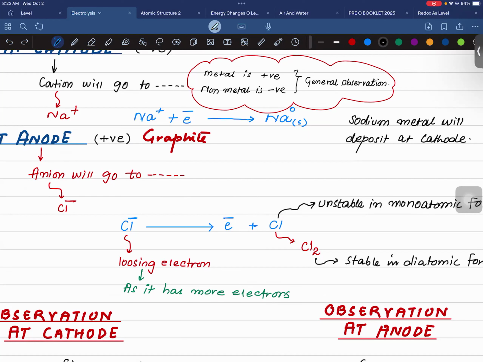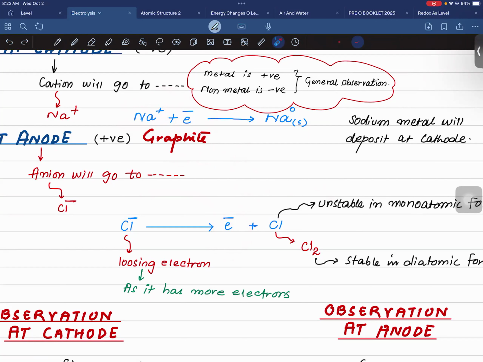Now you can notice that positive ions gain electrons and negative ions lose electrons. When an electron is gained by the species, you would write the electron on the left hand side. If someone is losing an electron, you would write the electron on the right hand side.